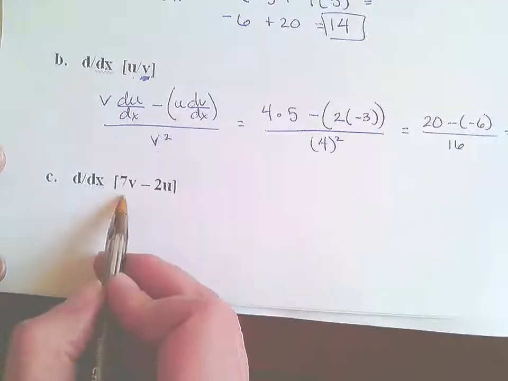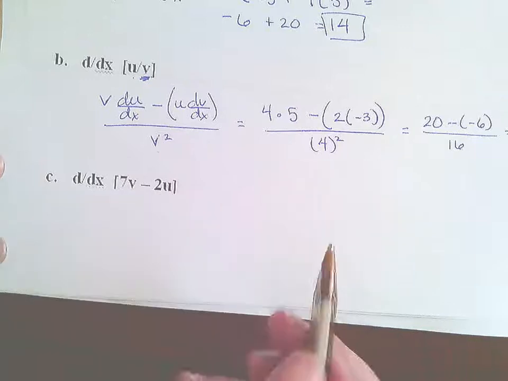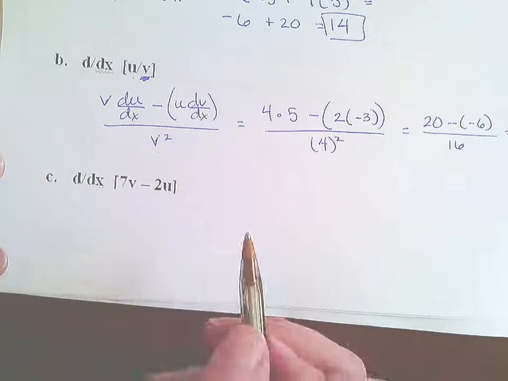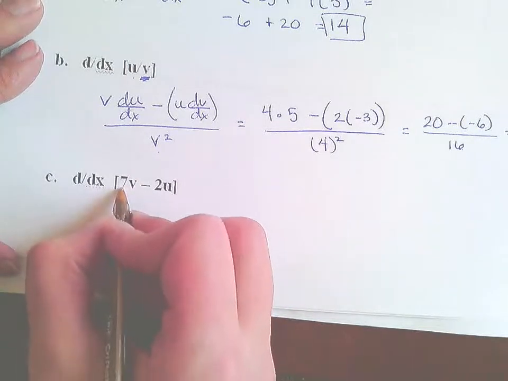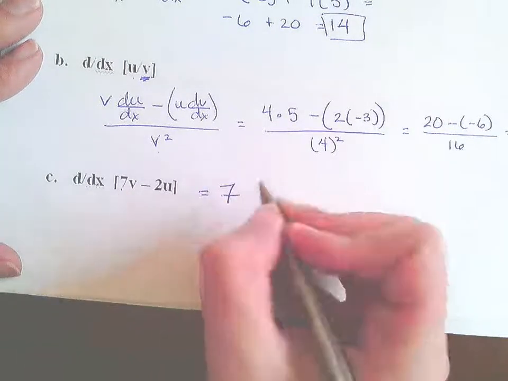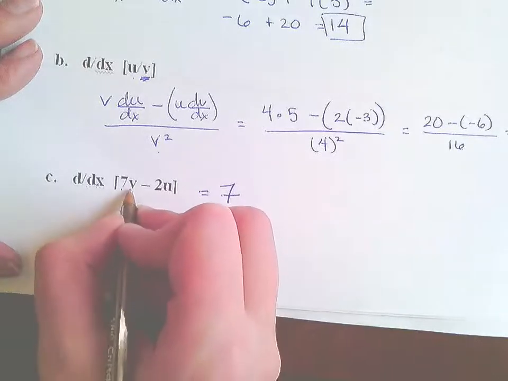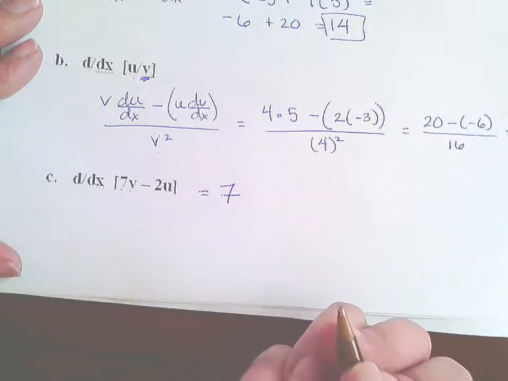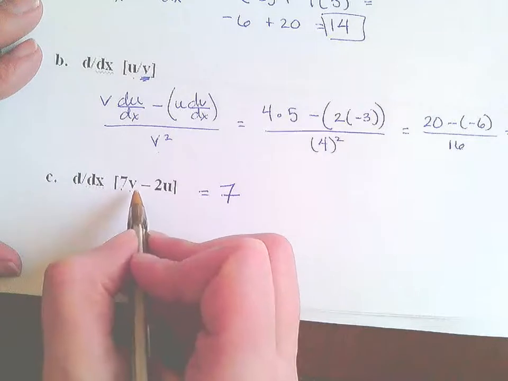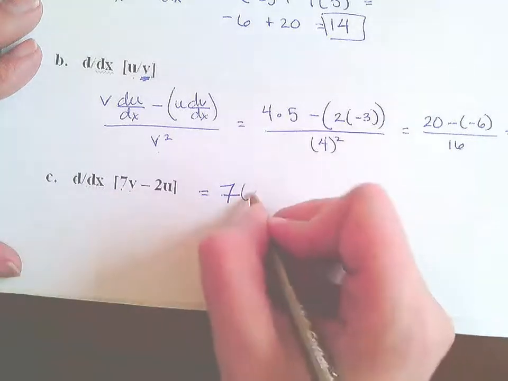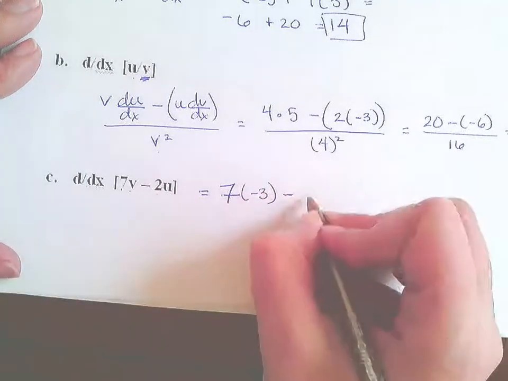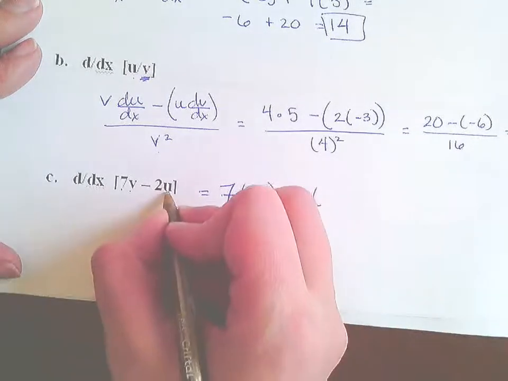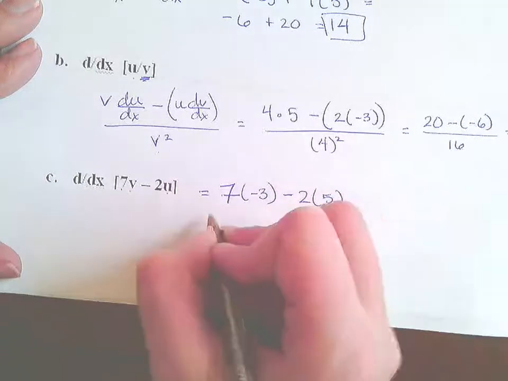Now this one over here, you're not using product or quotient. It's literally just the sum and difference. So basically this is 7 times the derivative of v, which is negative 3, minus 2 times the derivative of u, which is 5, right?